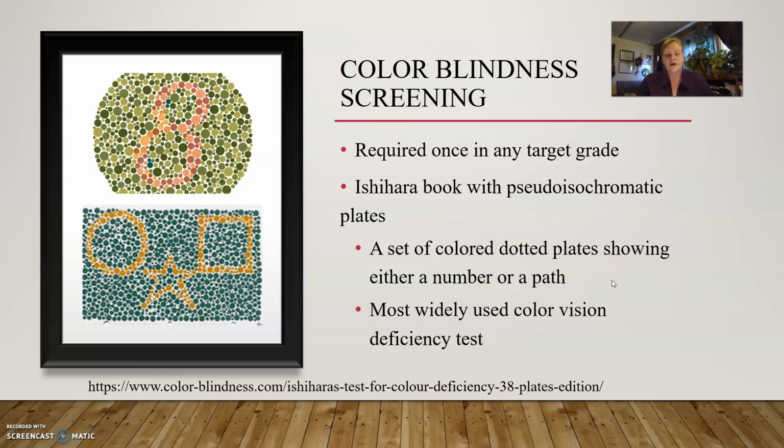Dr. Shinobu Ishihara created it in 1917. Nurses usually have to have their color blindness checked in the hospital so that we can properly assess hemoccult and gastroccult results, as well as any equipment that is color-coded.